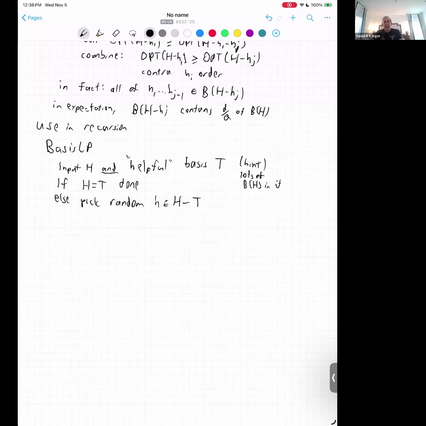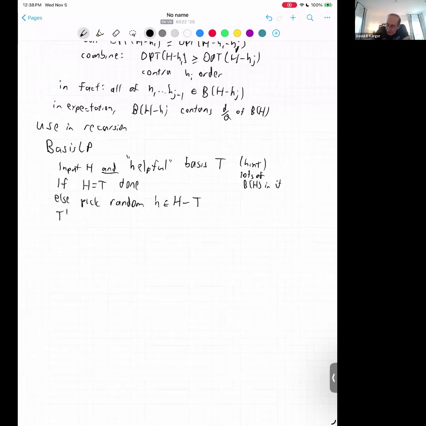So since we think that T has a lot of the optimum hyperplanes, we're just going to avoid choosing from T. And that is going to reduce our chances of picking an optimum hyperplane, which will reduce our chances of having to repair the optimum in that backwards analysis.